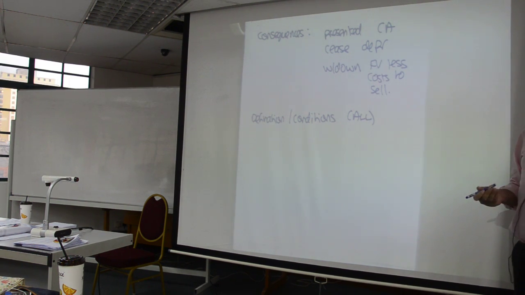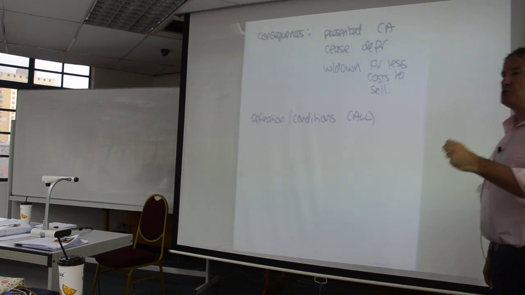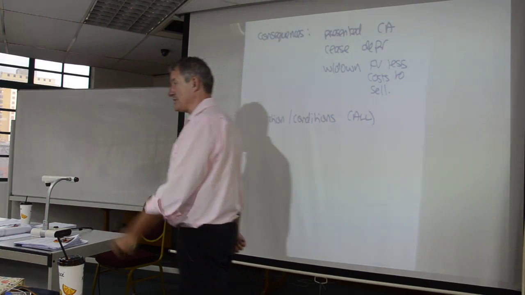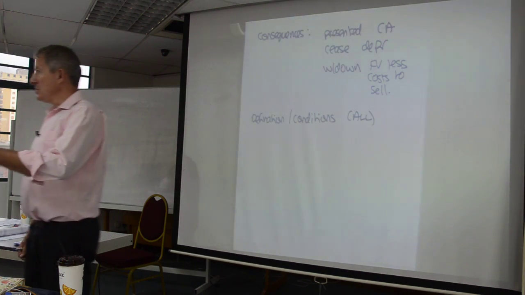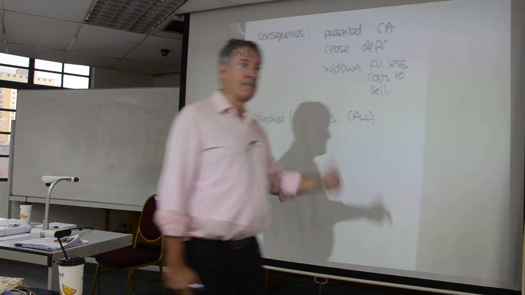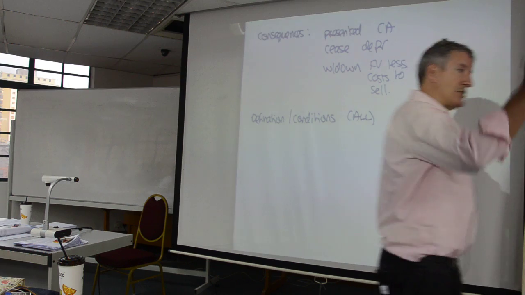So, if we have an asset which is going to be held for sale, the first thing logically that needs to happen is that management have to make a commitment, a decision that they're going to sell the asset. But a decision is not good enough. You need also to have an active plan. So the assumption is you would instruct agents.